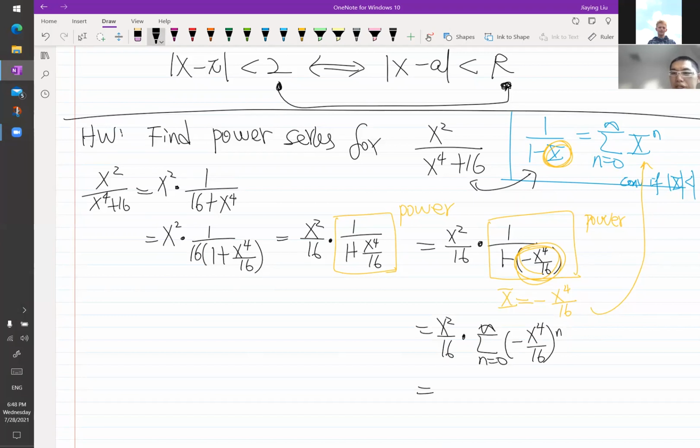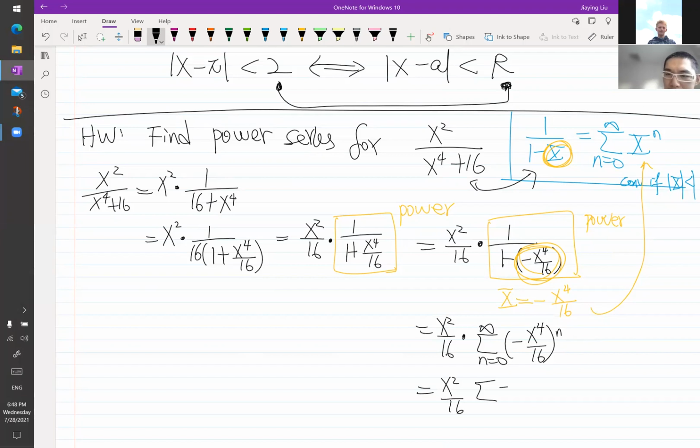And then we can continue to write this, because keep in mind that whenever you have a sigma notation, it's always good to separate the negative 1 in the exponent from the rest. So that's what I'm going to do next. I'm going to keep the x squared over 16. In the sigma notation, I'm going to separate the negative from the rest.